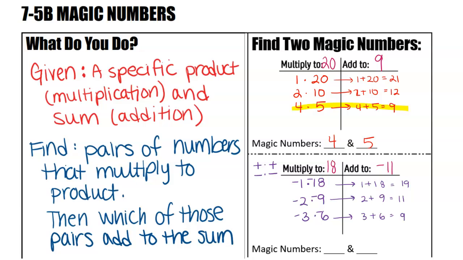They will still multiply to give me a positive 18, but then when I add them together, they will add to negative solutions or negative sums. So now we can see that negative 2 and negative 9 multiply to a positive 18 and add to a negative 11. So those are our magic numbers.